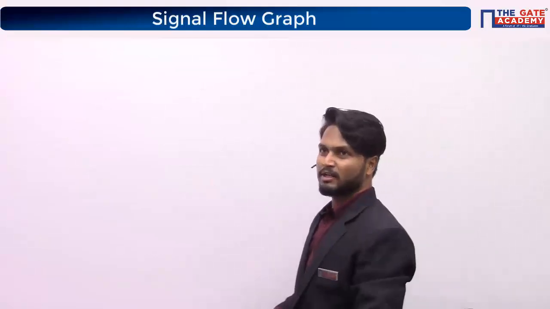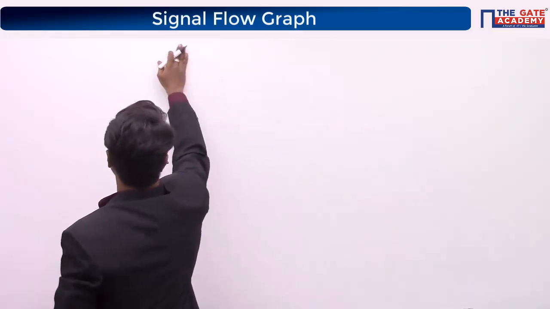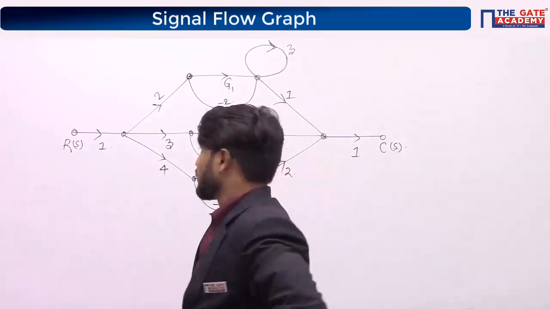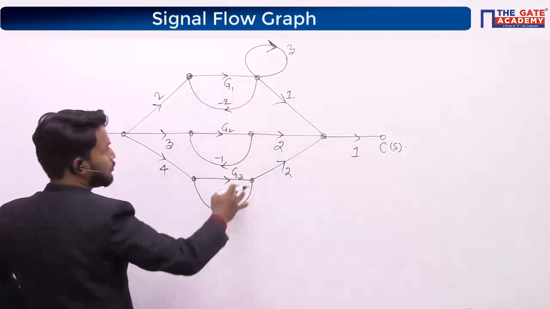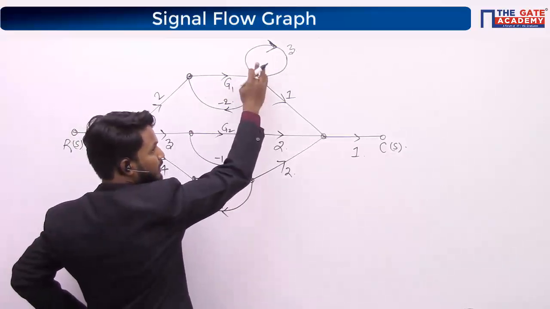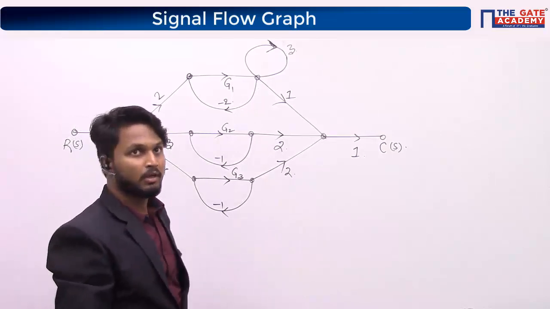So let us take an example. Let us take this signal flow graph. We have to find out the overall transfer function for this signal flow graph. You have 3 loops in this, and this is one self loop starting at the same node and ending at the same node. It has only a single node, right?